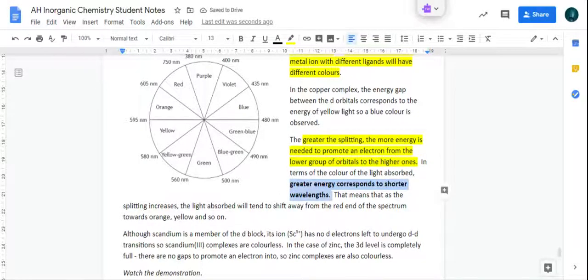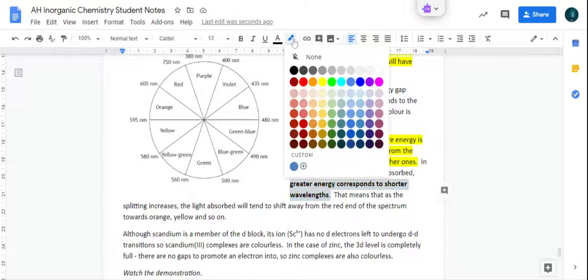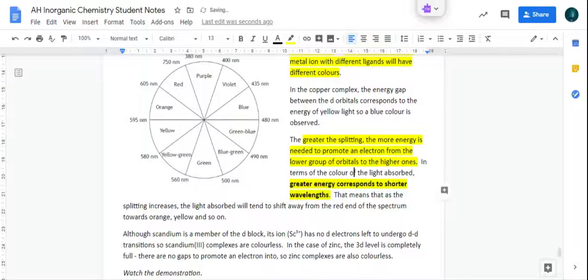Greater energy corresponds to shorter wavelengths. So if you have a higher value of delta, light of a higher energy is absorbed, which means a shorter wavelength. As splitting increases, the light absorbed will tend to shift away from the red end of the spectrum and towards the orange or the yellow.